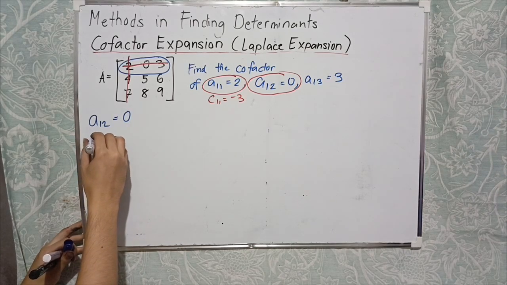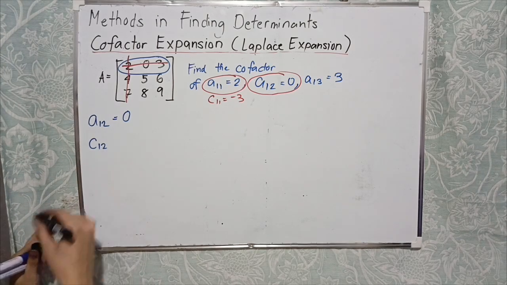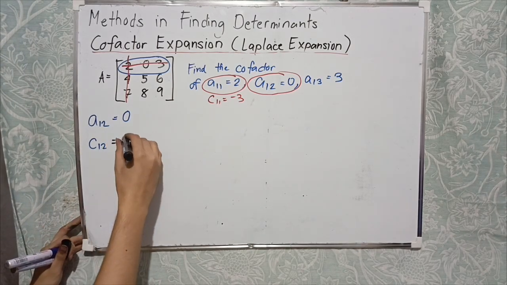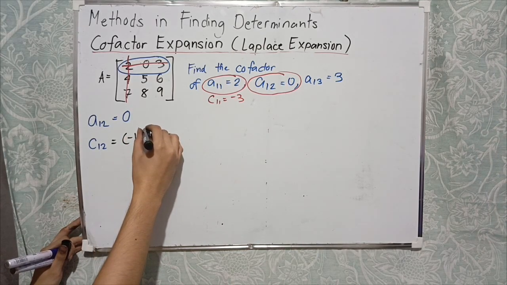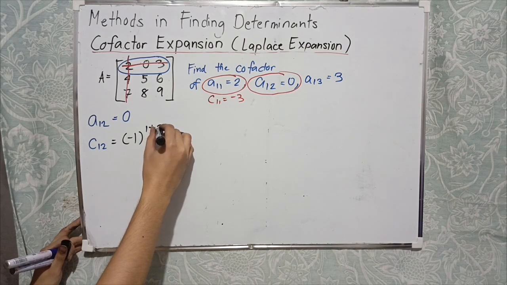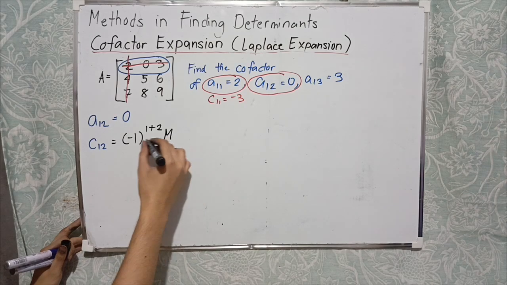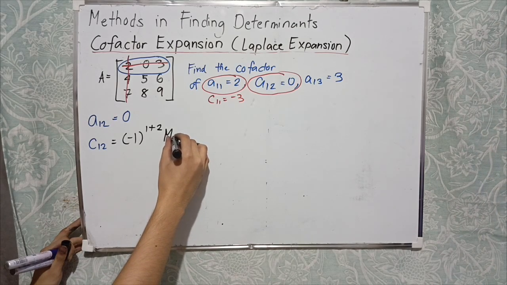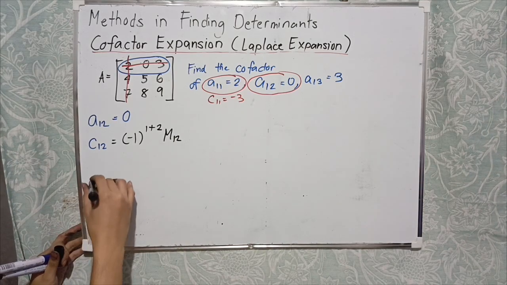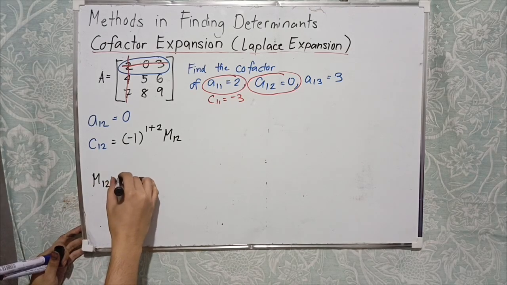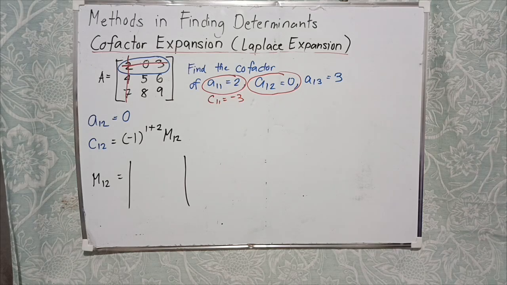The C12 is equal to -1 raised to i plus j, where our i is 1 and our j is 2, times the minor of this element, the M12. So let's try to solve the M12. We need to find the determinant.